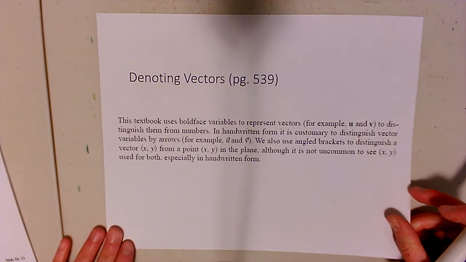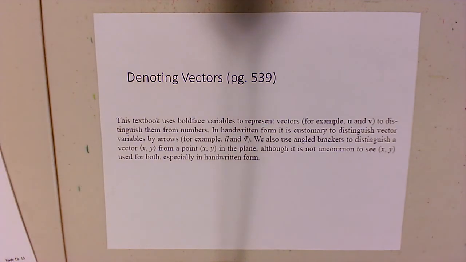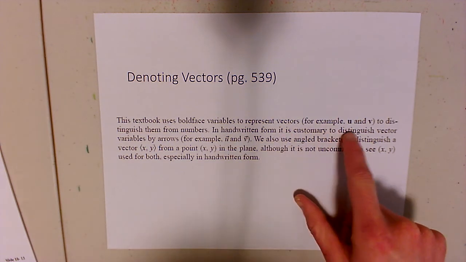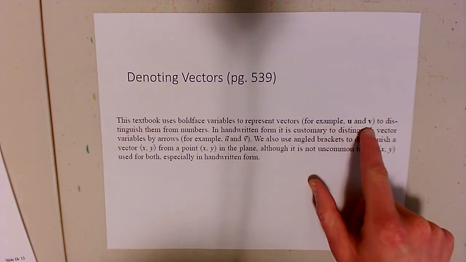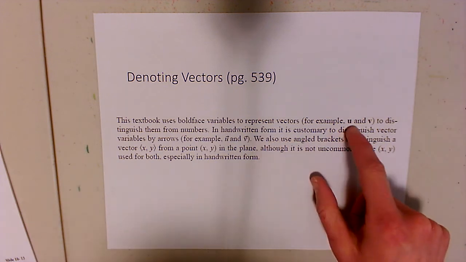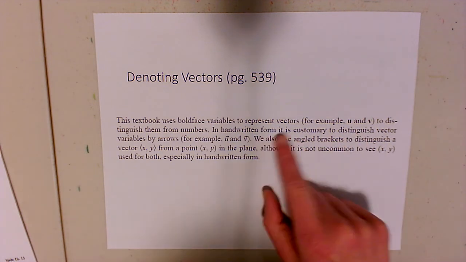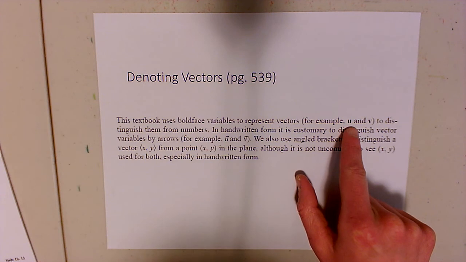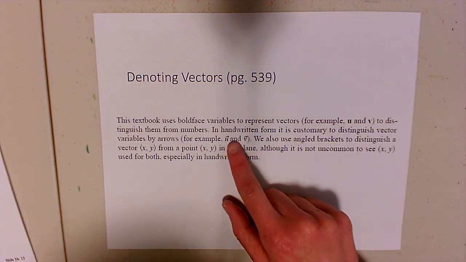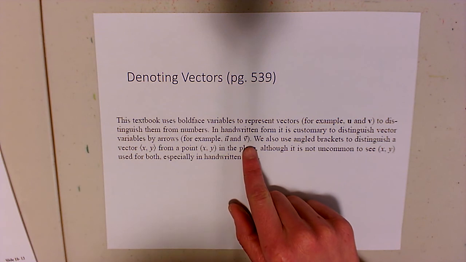Now, denoting vectors. Some textbooks do this a little differently, but your textbook uses boldface variables to represent vectors. So boldface U and boldface V are vectors U and V. When you're using your own handwriting, it's sometimes tough to write letters like that in bold, so what we can do is just throw an arrow on top.